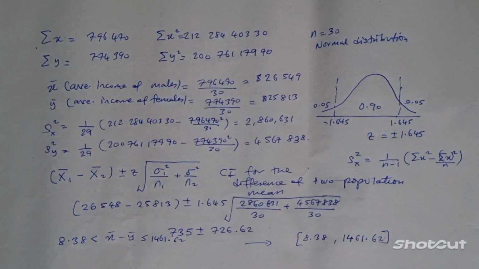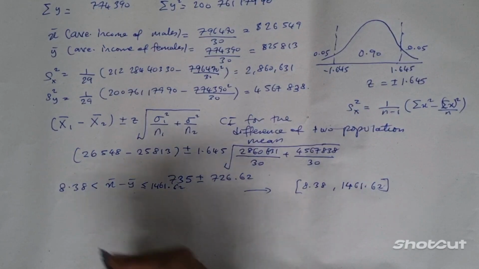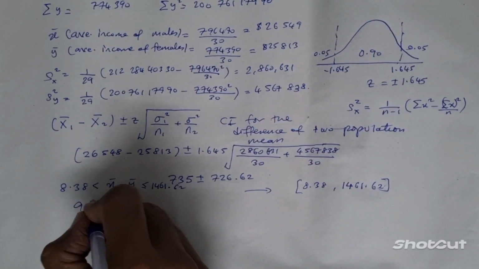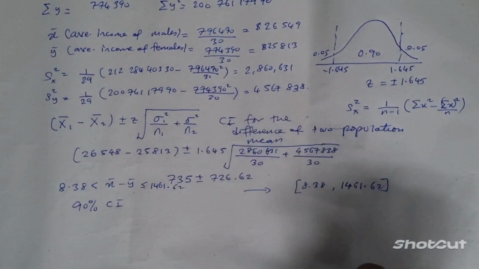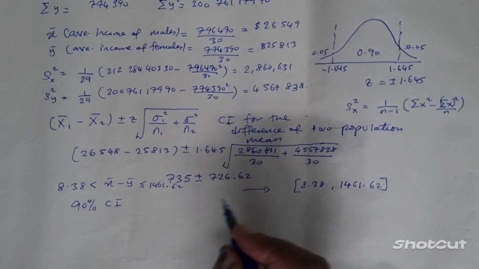So to the nearest dollar, the 90% confidence interval is going to be between males and female law graduates.